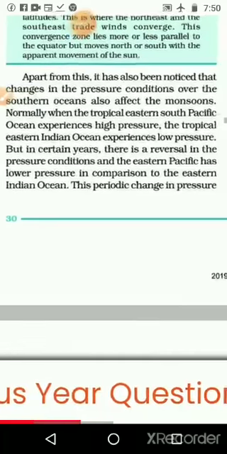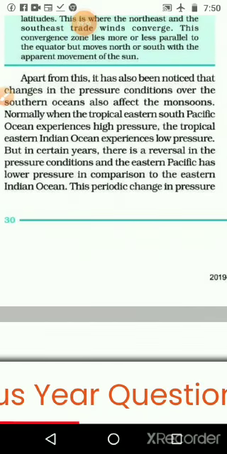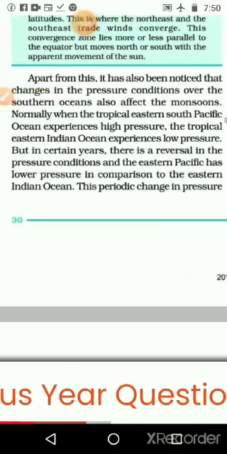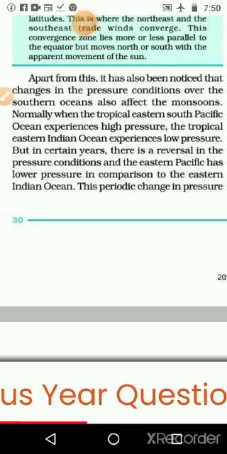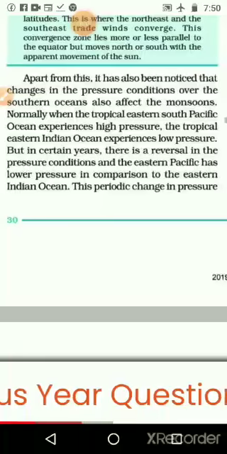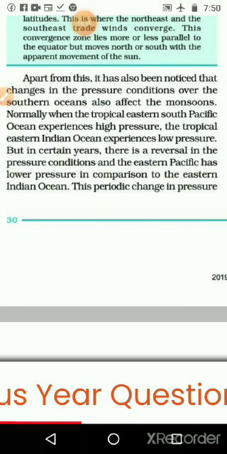But in certain years there is a reversal in the pressure condition, and the eastern Pacific has low pressure in comparison to the eastern Indian Ocean. Normally this is the condition: experiencing high pressure in the Pacific Ocean and low pressure in the Indian Ocean, and some years it will change and be the opposite.